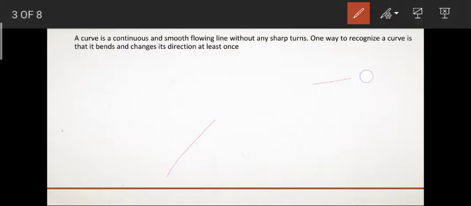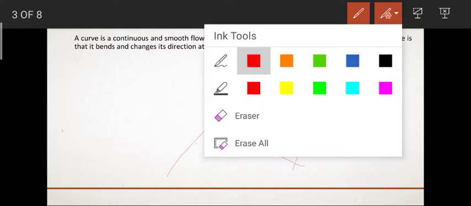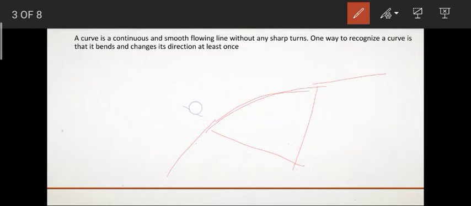These are the two roads. You're joining them with a curve like this. So this part is called the curve.